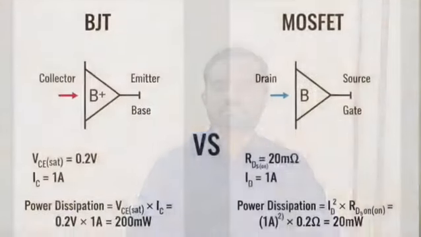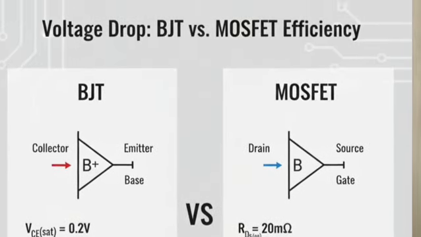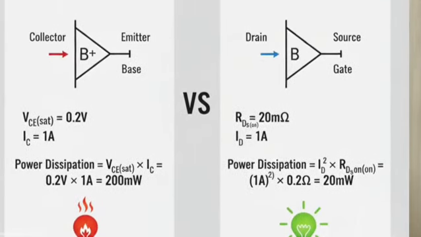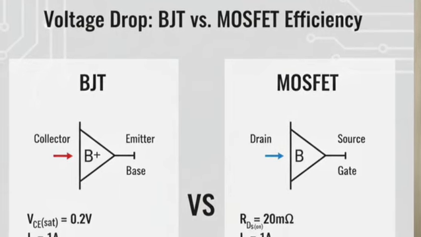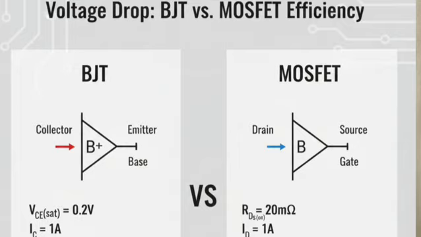And the third parameter is voltage drop. If a BJT has a VCE saturation of 0.2 volts at 1 amp, it burns 200 milliwatts of power. A MOSFET with a low RDS(on) of 20 milliohms at 1 amp burns only I squared R, which is nothing but 20 milliwatts.